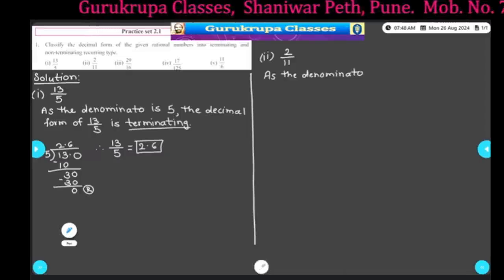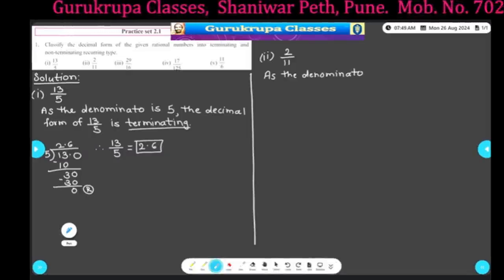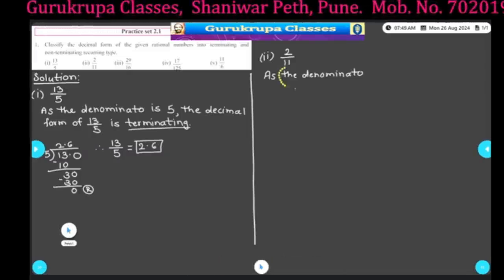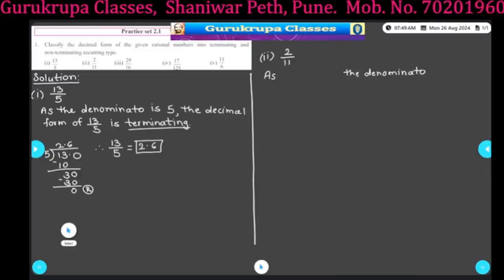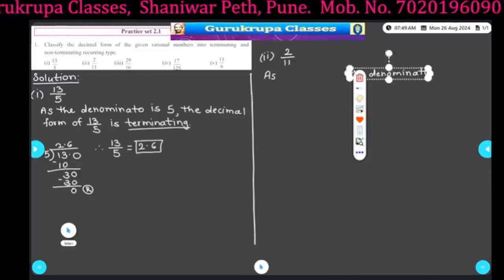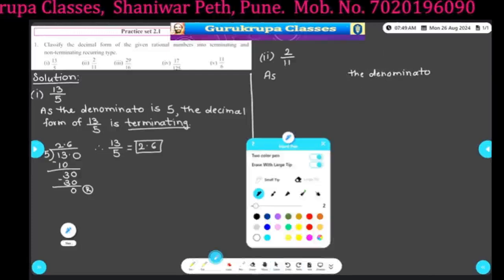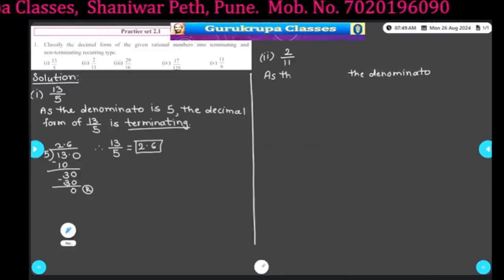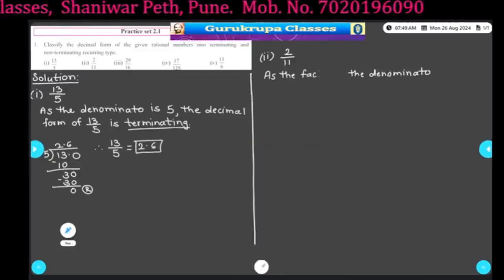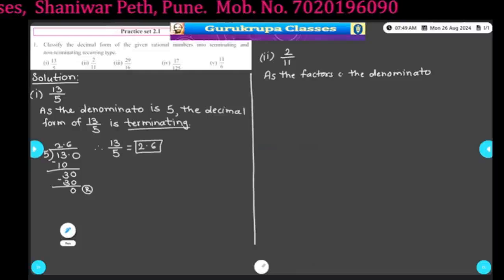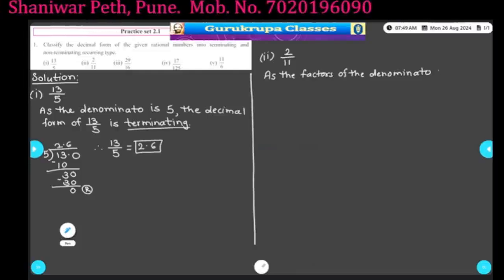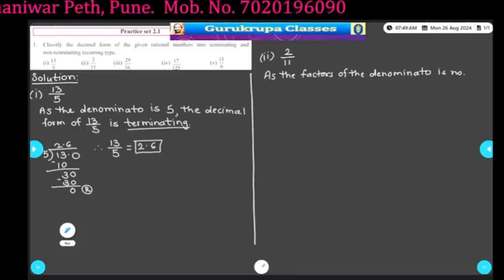If the factors of the denominator are not 2 or 5, here we can take that line as the factors of the denominator is not 2 or 5.